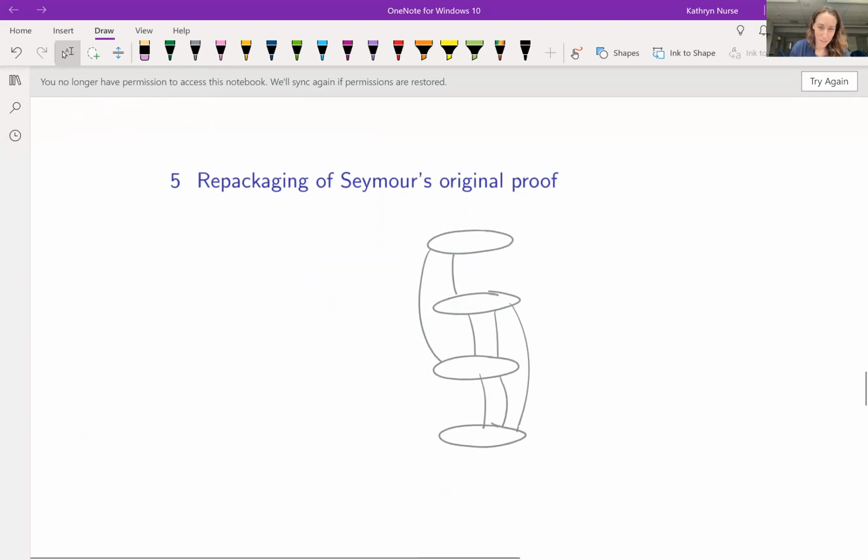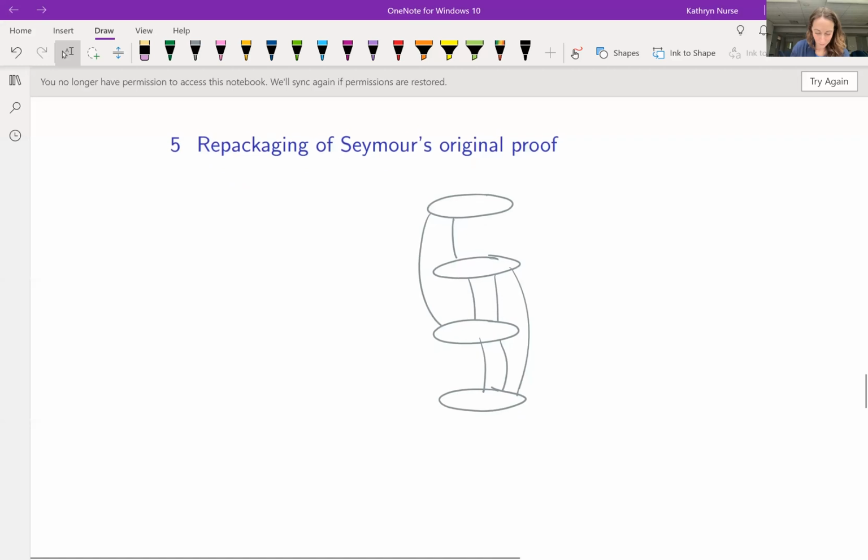Okay, now I will show you why it's just a repackaging of Seymour's original proof. What Seymour did was he found a list of cycles. I've just drawn it, this list of cycles. The first thing is to reduce to cubic.